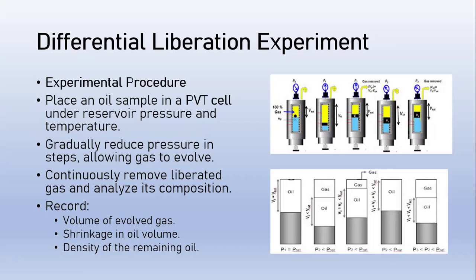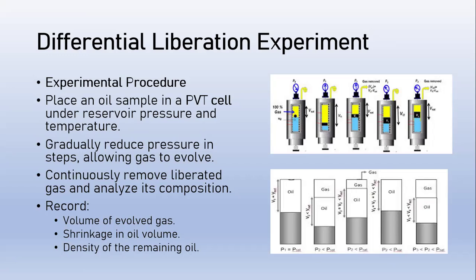When you collect the sample from the field guys, you put it in a PVT cell, subject it to reservoir pressure and temperature. Just like the CCE, the experiment will be run on pressure steps up to atmospheric pressure. But the difference with CCE is that when gas liberates upon reduction in pressure, the gas will be ejected out.